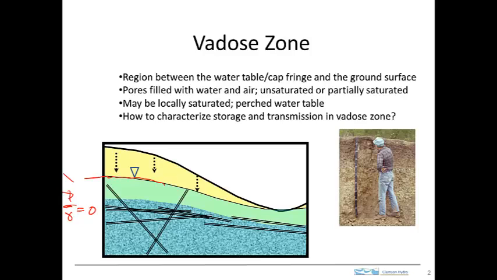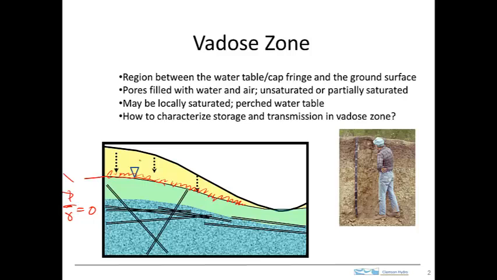And then right above the water table, there is a zone where the pores are saturated, but the water pressure is less than 0. That's the capillary fringe. And the lower boundary of the Vadose Zone is somewhere between the water table and the capillary fringe, depending upon who you talk to.